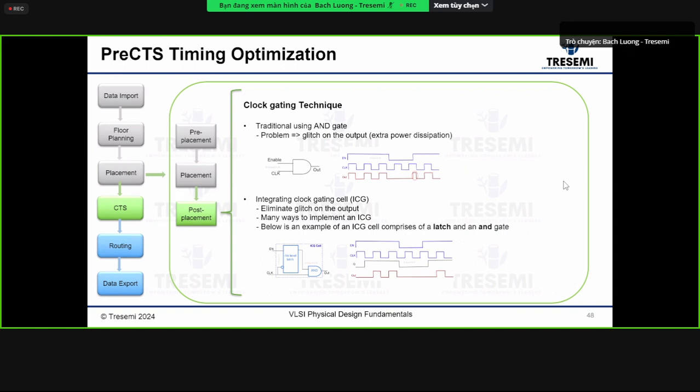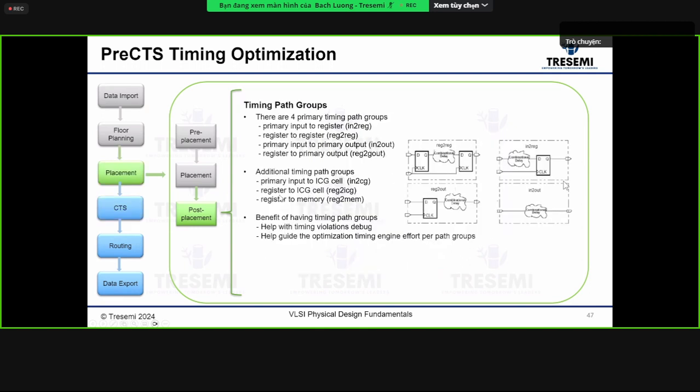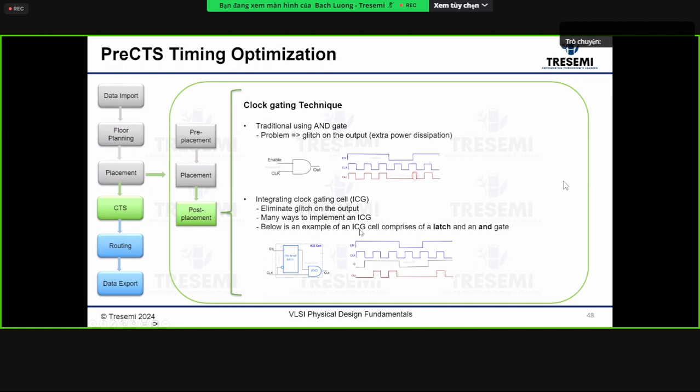So this is where you shut off the functionality of the logic that you're not using. In the CTS portion, there'll be a little more explanation on this. Here I just want to touch base because I introduced the ICG on the timing path, so that's briefly what it is.